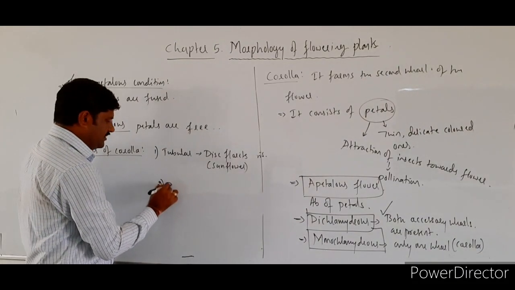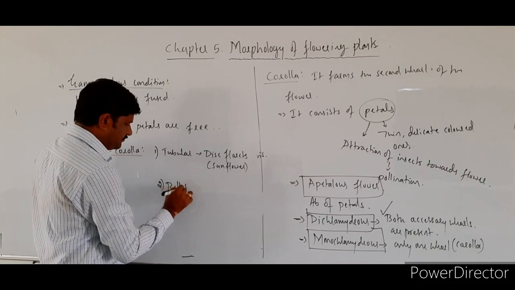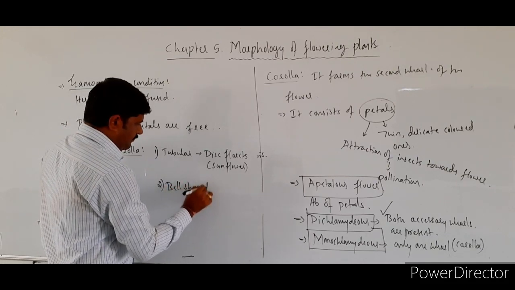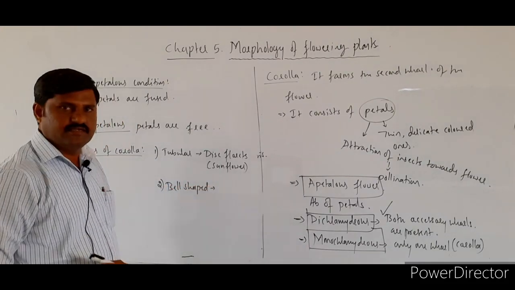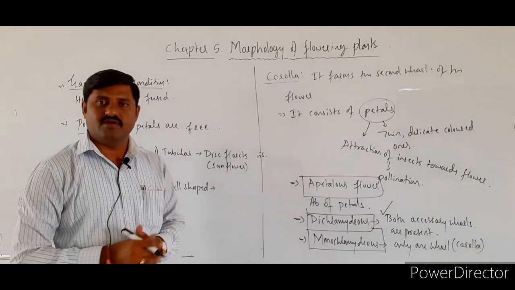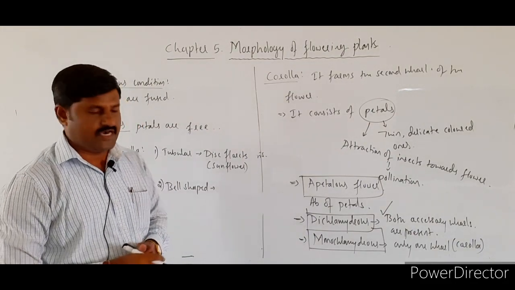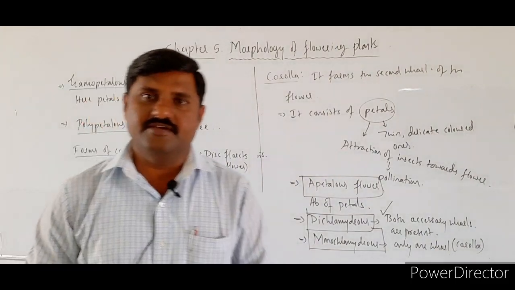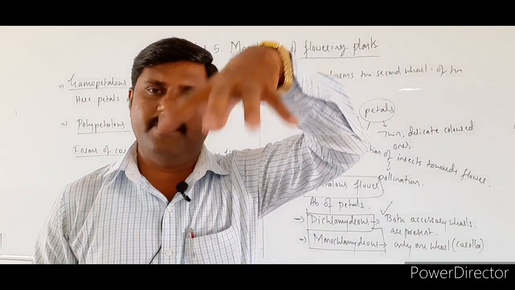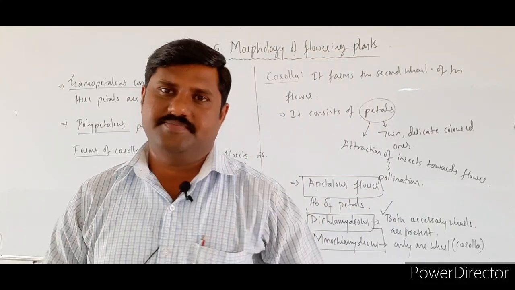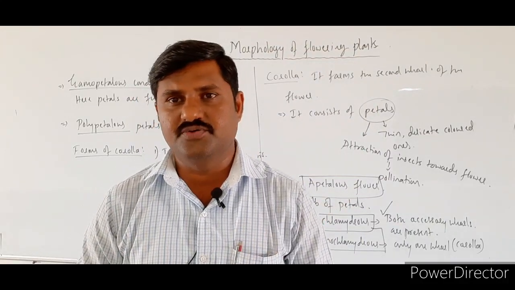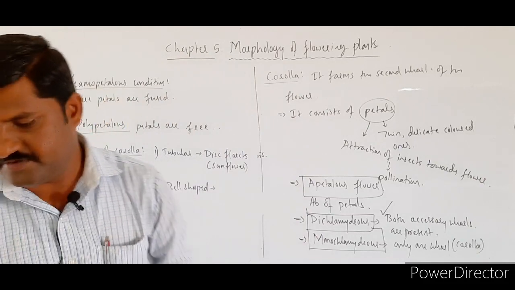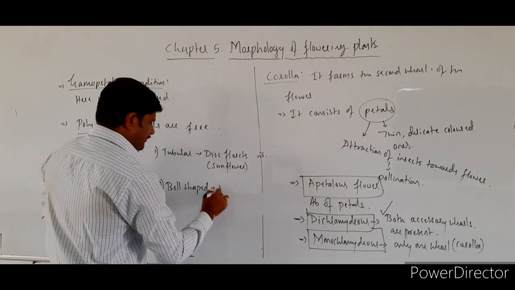And the second one is bell-shaped. Bell-shaped corolla usually forms the shape of a bell. They are usually seen in pumpkin.